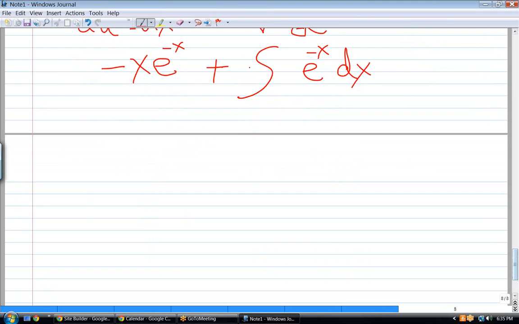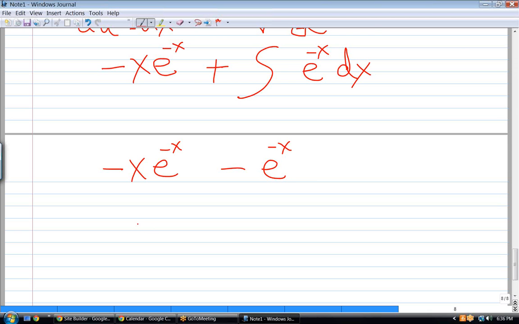So let's evaluate this. What's the integral of e to the minus x? That is e to the minus x over -1, which is the same as negative e to the negative x. Okay, so that's our answer, almost.